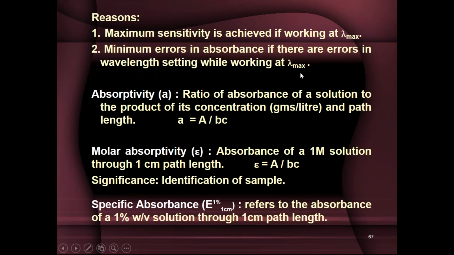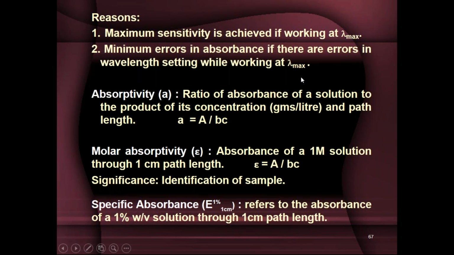But if you are working at the lambda max, there is very little change in absorbance because it's a broadband spectrum. When you have a broadband spectrum, near the lambda max, the change is less. But away from the lambda max, because of the slope on either side of the lambda max, you will see bigger changes in absorbance with small changes in wavelength setting. So I hope that is clear.